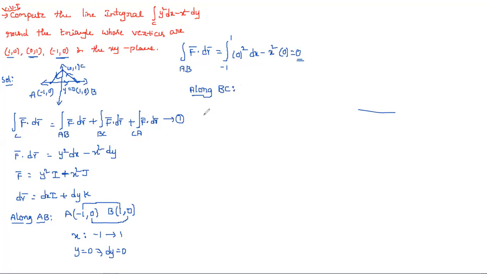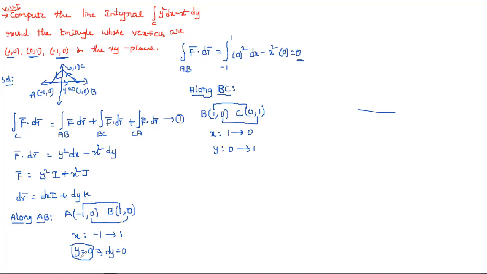So for the BC line, B is (1, 0) and C is (0, 1). But can we write this directly? No. Why? Because X is from 1 to 0 and Y is from 0 to 1. For AB, I got the line y equal to 0 directly by seeing the points, but here there is no such common thing, so I require the line.